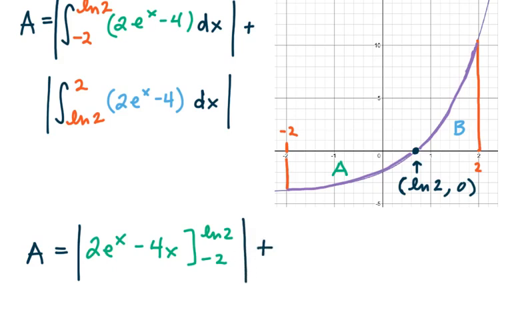Plus, that second integral is going to be 2e to the x minus 4x. And that would need to be evaluated from 2 to natural log of 2.